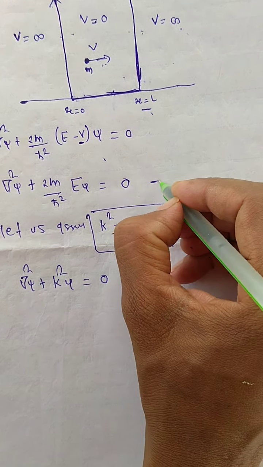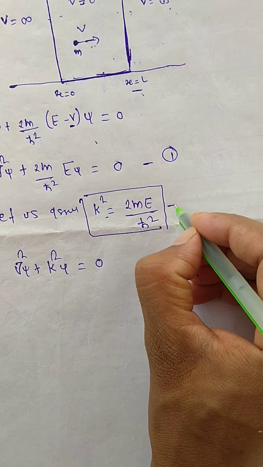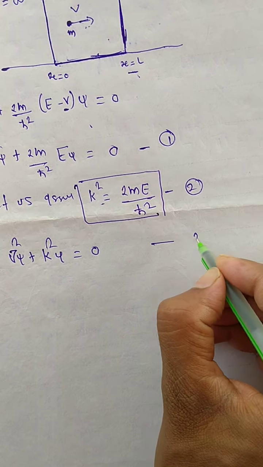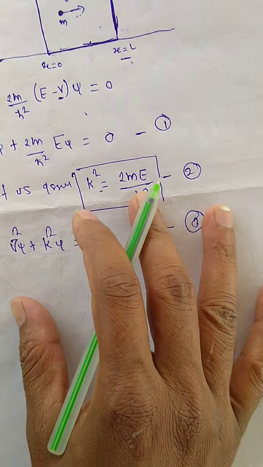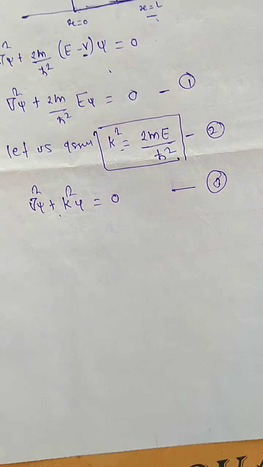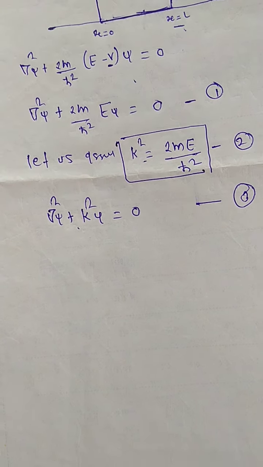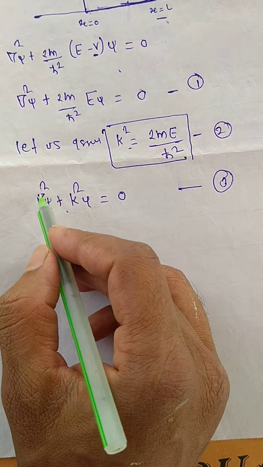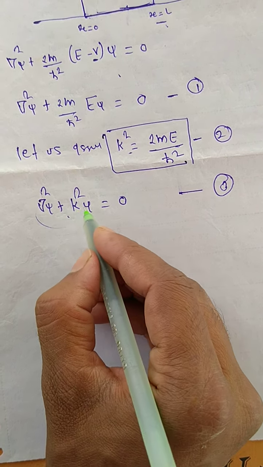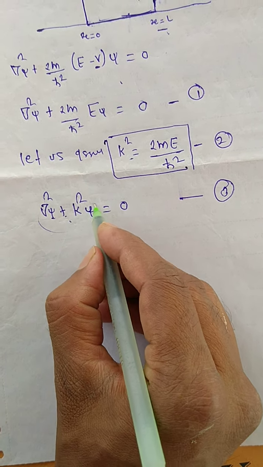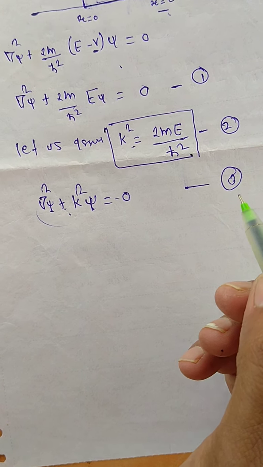These are equation number 1, 2 and 3. This is a second order linear differential equation, and we have to find its general solution.